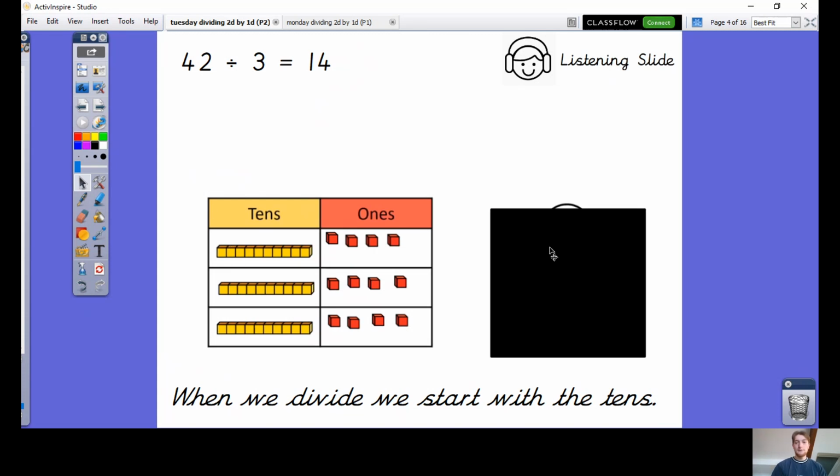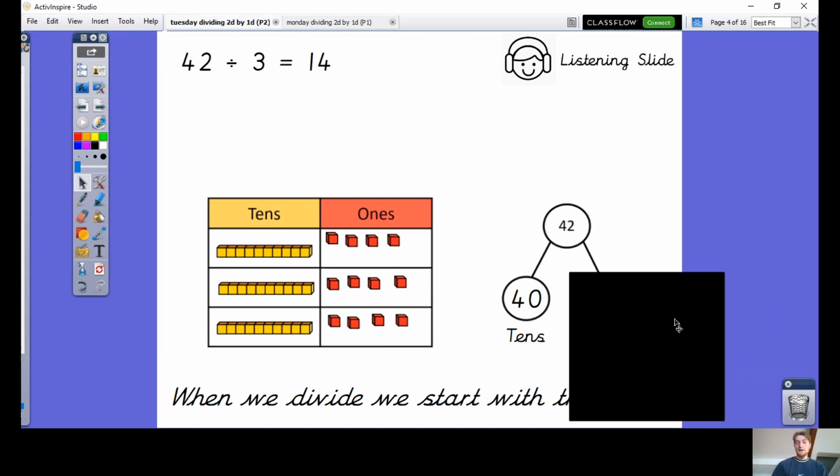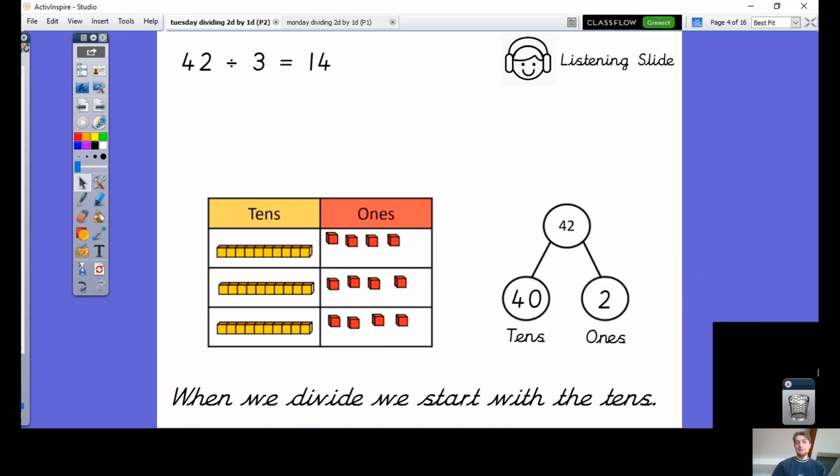This can be shown as well by using partitioning. So this is when we use our flexible partitioning. So I have 42 here, but I've partitioned it in different ways.